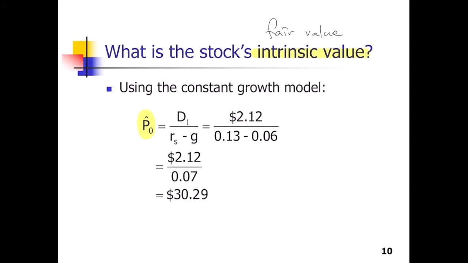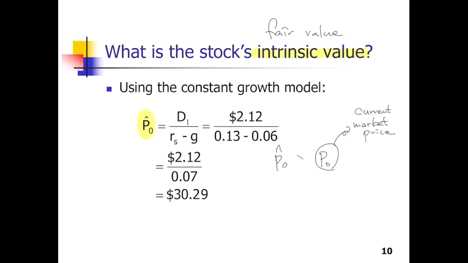What is the purpose of calculating this number? Why do we calculate this number? It is compared against one number. This number is compared to this, which means the market price. So the current market price is lower than intrinsic value.